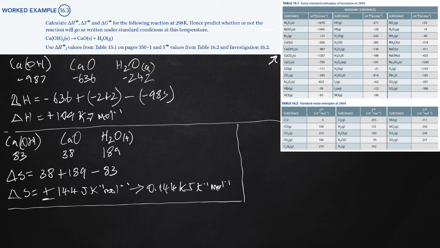Let's plug that into our Gibbs free energy equation. So we have delta G is going to be equal to our delta H minus the temperature multiplied by the change in entropy. So let's plug that in. We have delta G is equal to 109, which is our change in H, minus 298 Kelvin, which was specified in the question, multiplied by our 0.144.